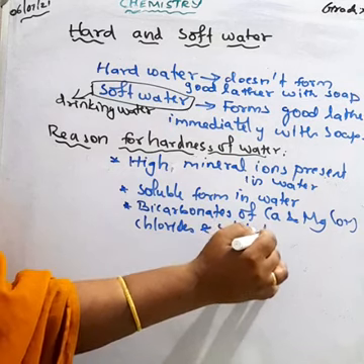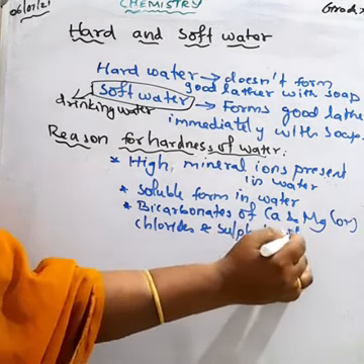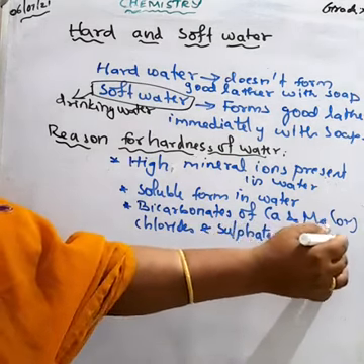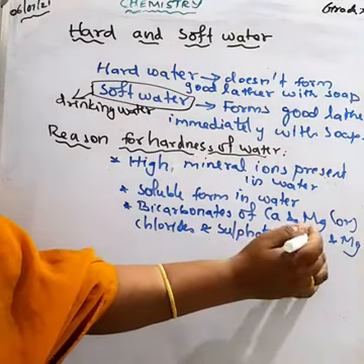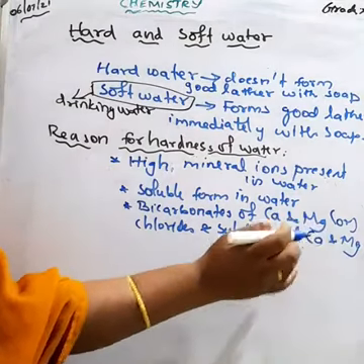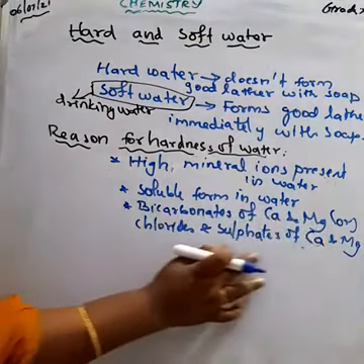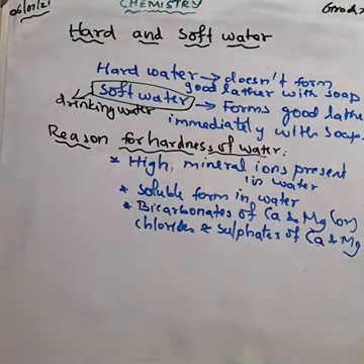These are the dissolved salts the hard water contains. What are the dissolved salts? Bicarbonates of calcium and magnesium, or chlorides and sulfates of calcium and magnesium.